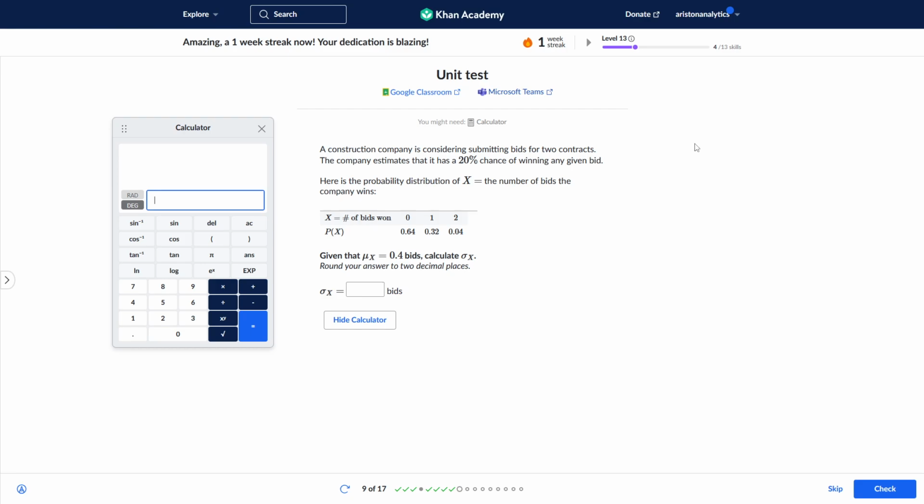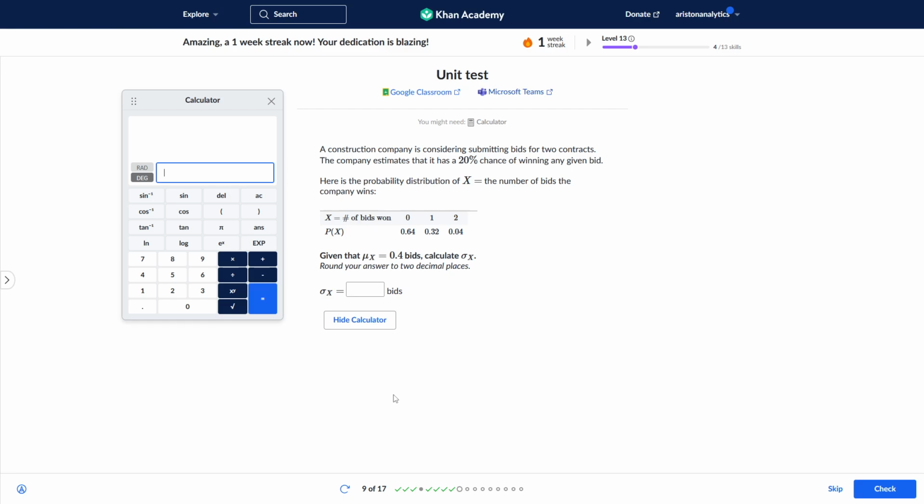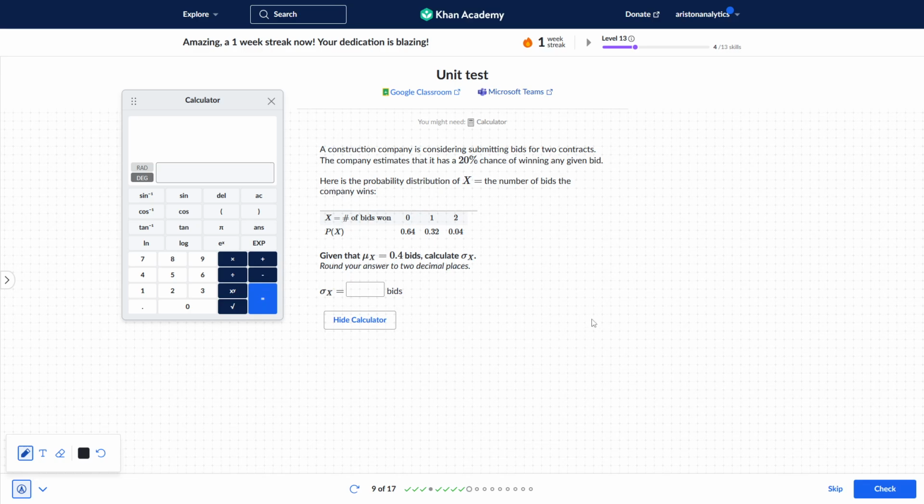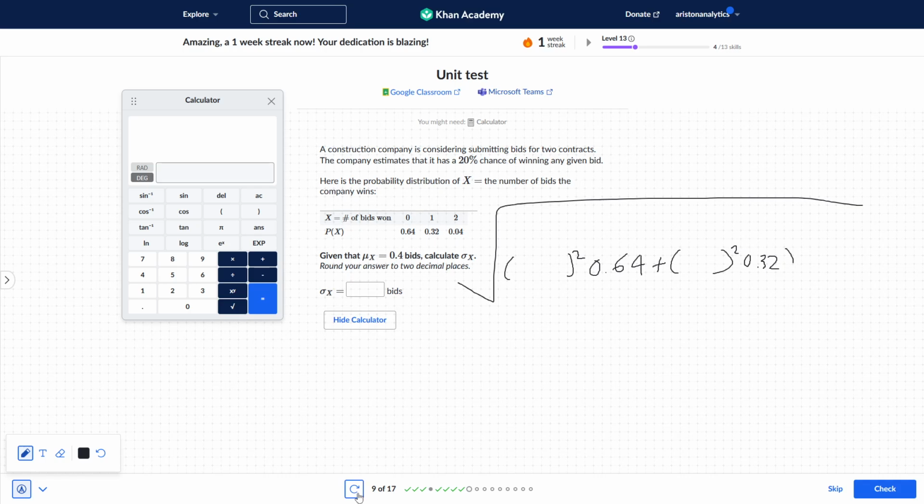This is one of the questions I got wrong earlier. Okay, so let's try and write it out. Probability is 0.64 plus 0.32 plus 0.04.